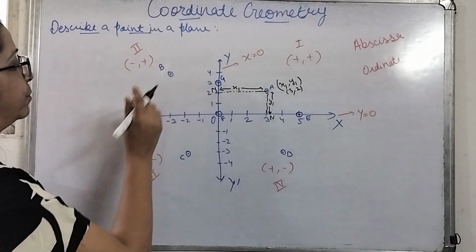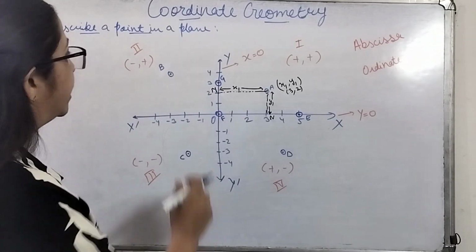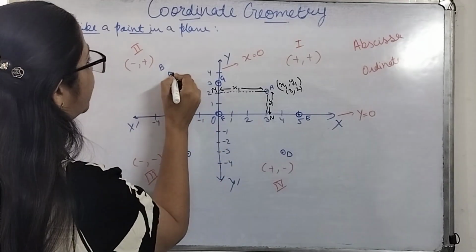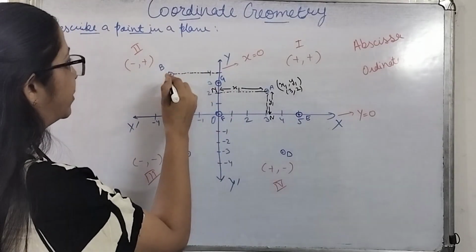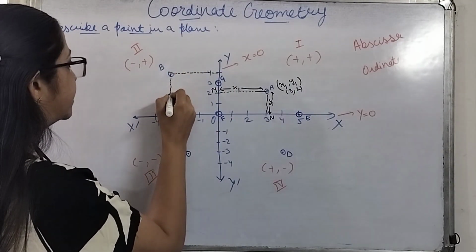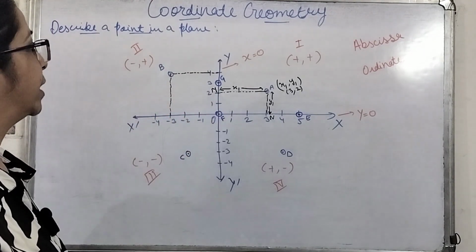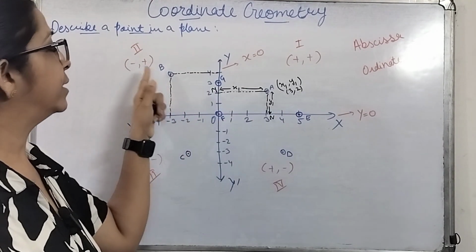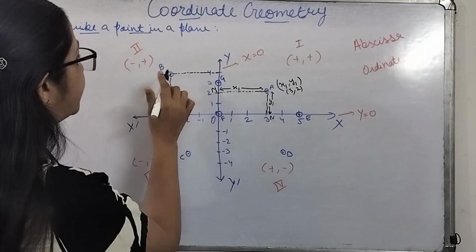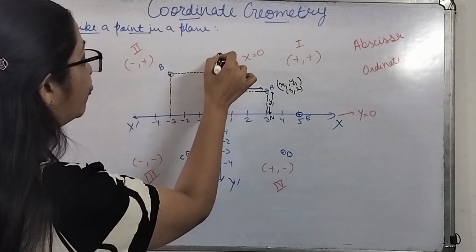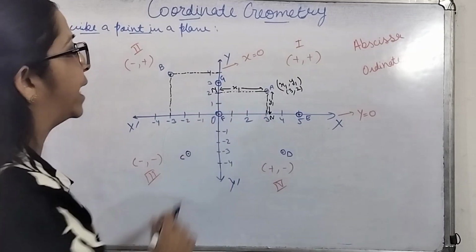Now let's see point B. Suppose this is the point B. First of all, we will draw the perpendiculars on the x-axis and y-axis. On the y-axis we have drawn it, and on the x-axis this is the perpendicular. Now what will the x-coordinate be? The x-coordinate will be from here to here. The perpendicular distance of this point from the y-axis is its x coordinate.